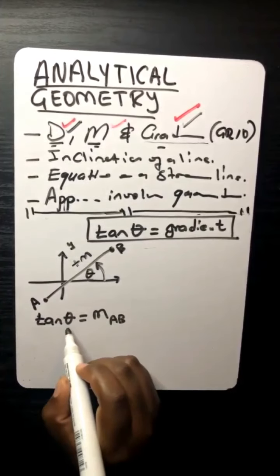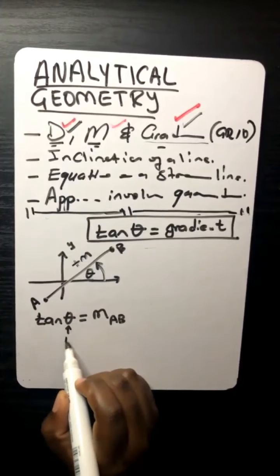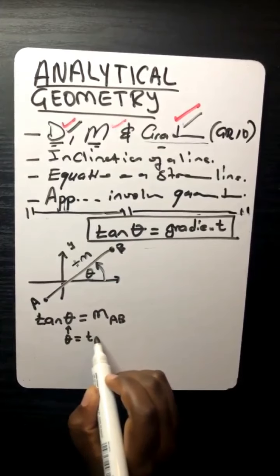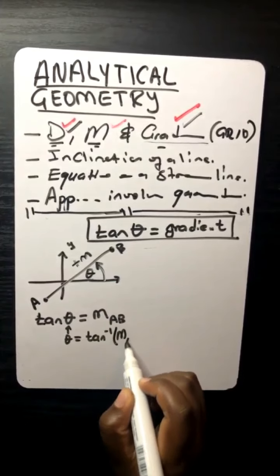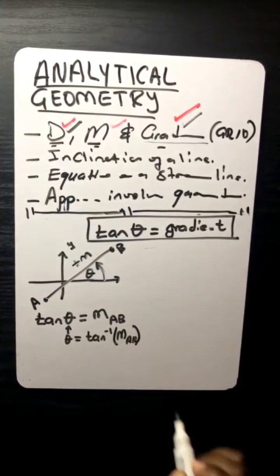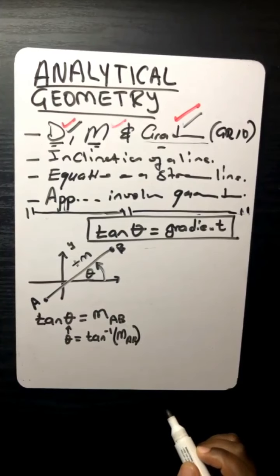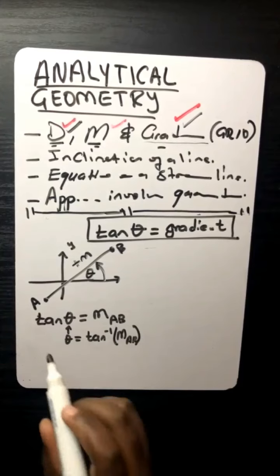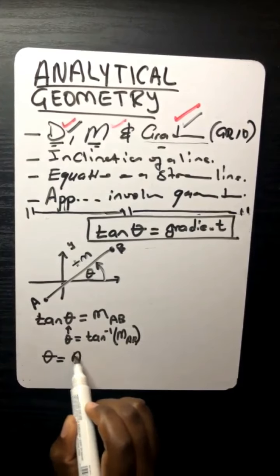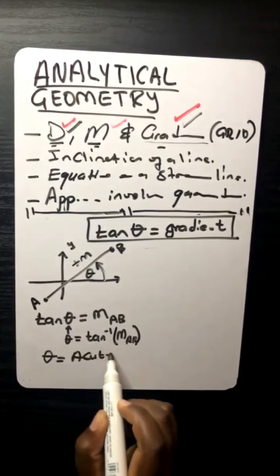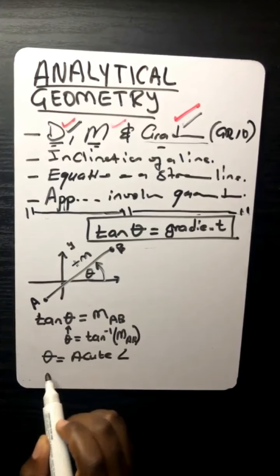And when you calculate that angle by saying angle is equal to the second function of the gradient that you get from AB, the angle that you are going to find is going to be an acute angle. So here comes a question, guys.